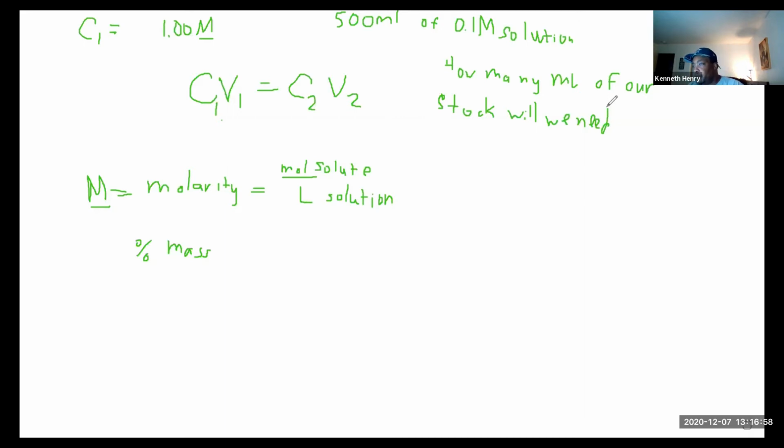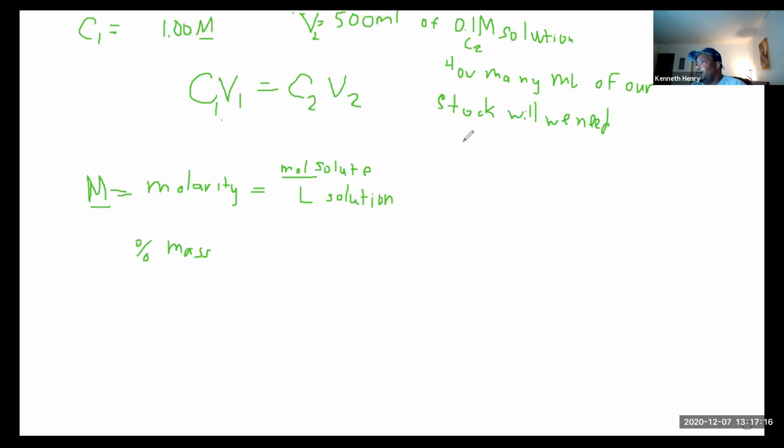Okay, so then you'd use this equation. This is your V1, this is your V2. This is your C2. So then all you need to do is solve for V1.